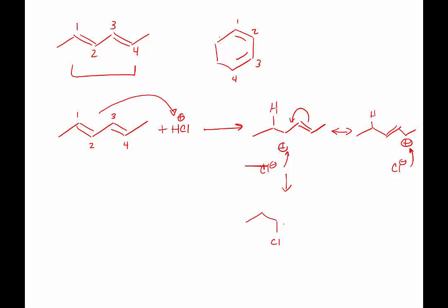Sometimes correctly, sometimes not. So if I do that, I'm going to get those 2 products. So then the question becomes, which one is the kinetic product, which one is the thermodynamic product?